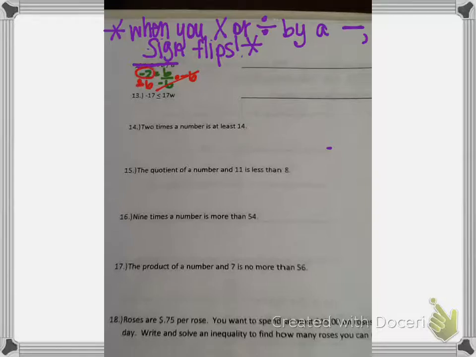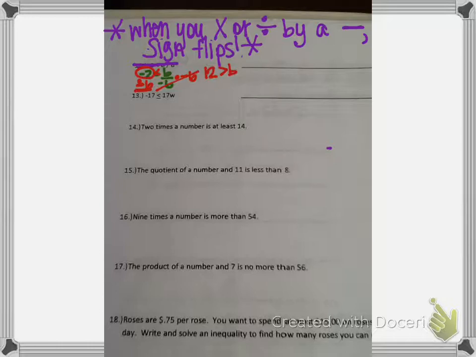This number doesn't matter. Nobody cares. This number that you multiply or divide by is the one that counts. So, if I multiply by negative 6, I end up with 12. And my symbol was less than, so my sign flips to greater than b.